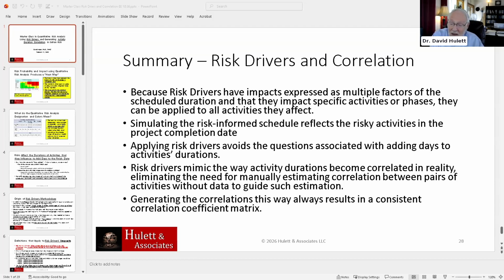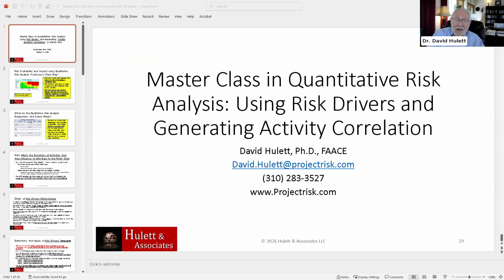I'm not saying that the correlations that are generated are in fact the exact correlations between those pairs of activities, but we are doing it the way it happens during real life, and therefore it's going to have some kind of relationship, and maybe a close relationship, to what the correlation coefficients are. Certainly would be better than not using correlation at all. Certainly would be better than using 0.6 everywhere, and all that. So that's what I wanted to say.